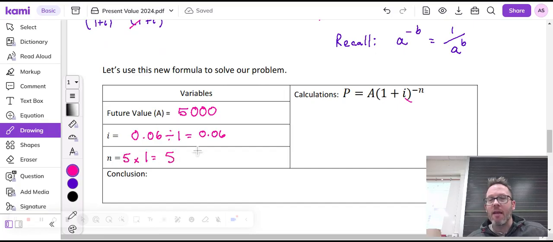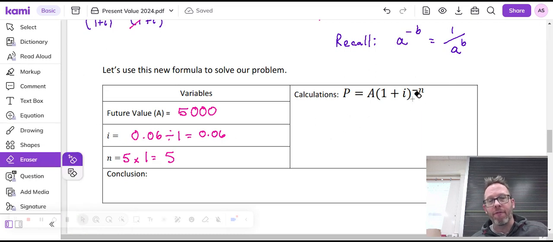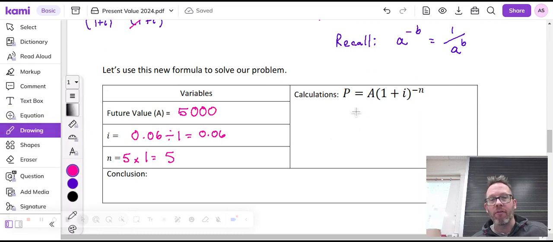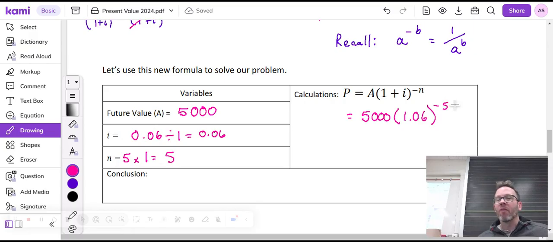It's much the same calculator work as yesterday with a new little feature. When you're finding a present value, you're going to use a negative exponent. So can you guys give that a try? Do 5,000 times 1.06 to the power of -5. You should get the same value we got using the timeline from up above. It should give you the same answer.